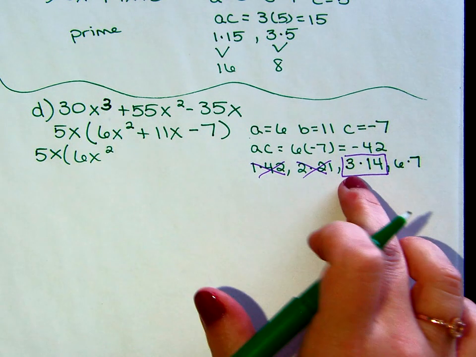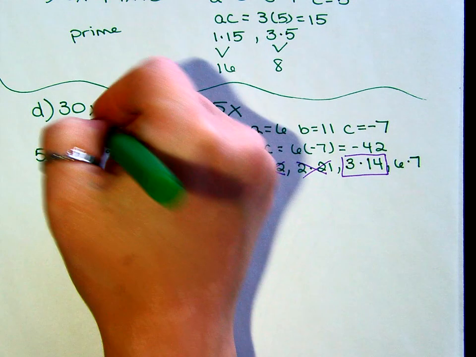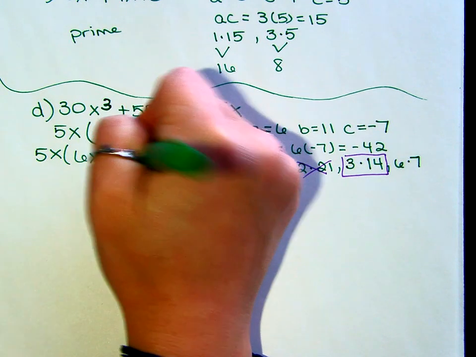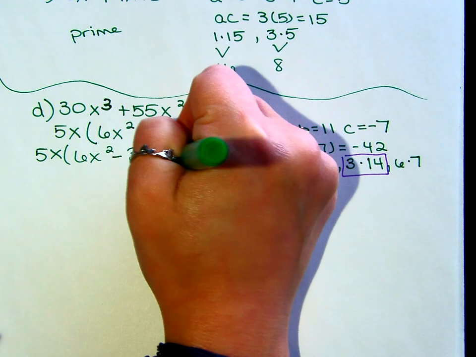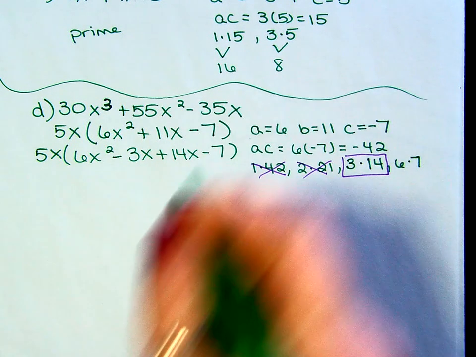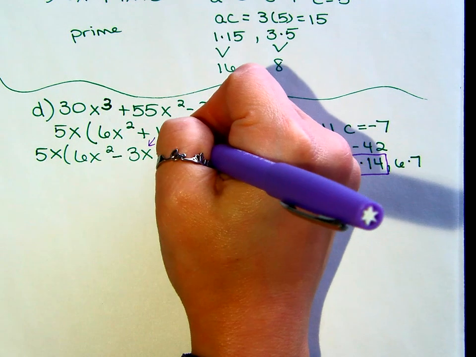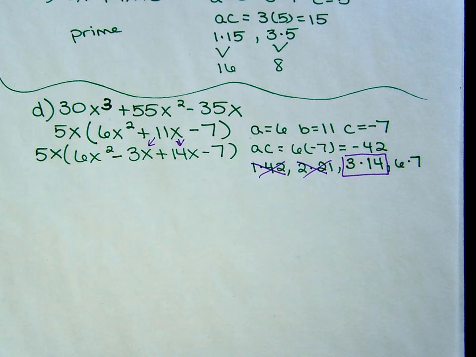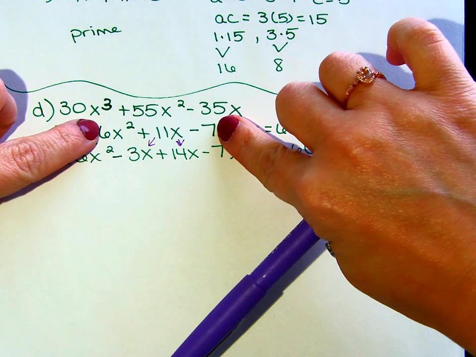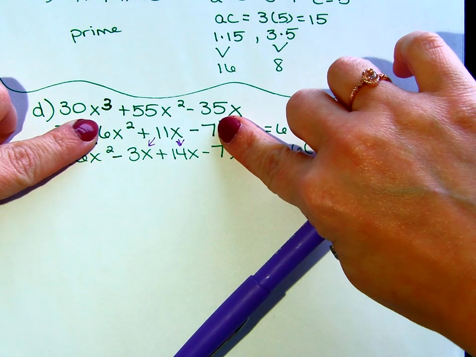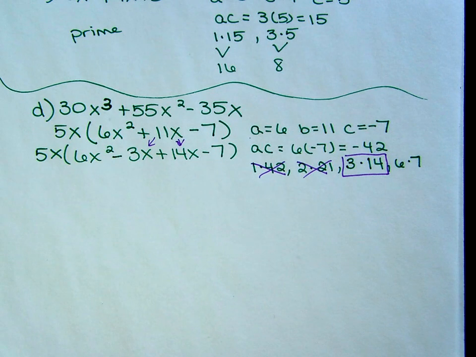So I'm going to put minus 3x plus 14x minus 7. Again, the way that I determine where I'm going to put my 3 and my 14 is just by looking at the two terms out here and which ones pair up better. If I would have switched those, 3 and 7 don't really have anything in common. It doesn't mean it wouldn't work. It still would work. It's just easier if they both have something in common.